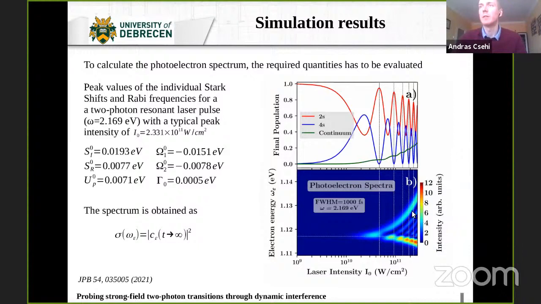So how can we explain these spectral features? For that, we wanted to develop an analytical model to explain these kinds of behaviors.